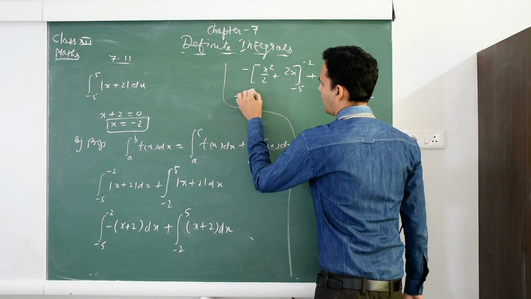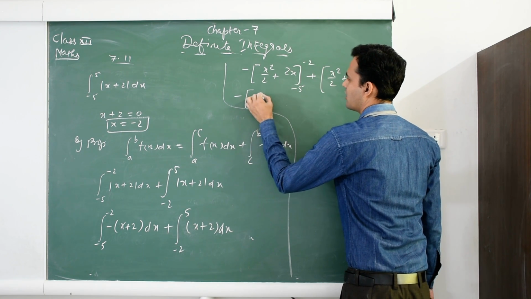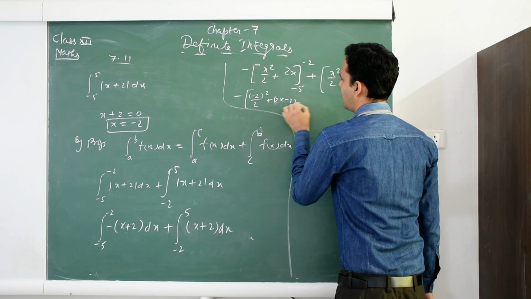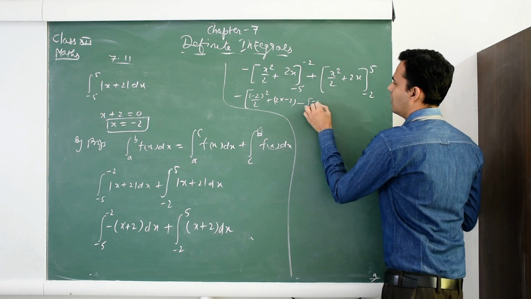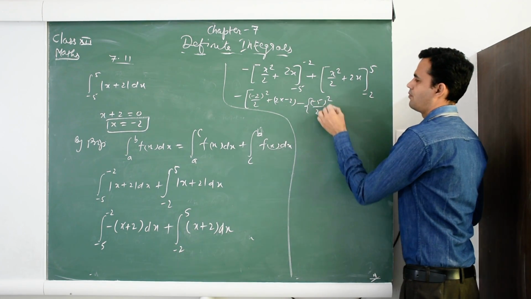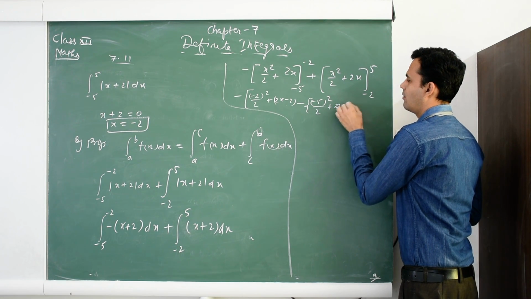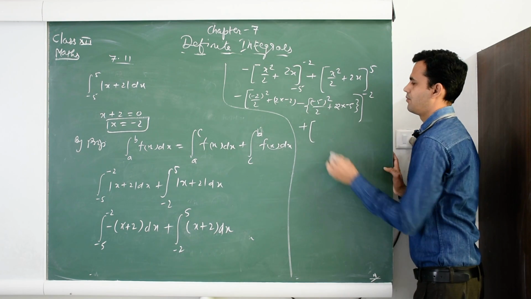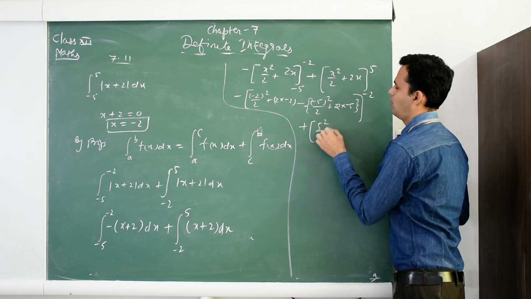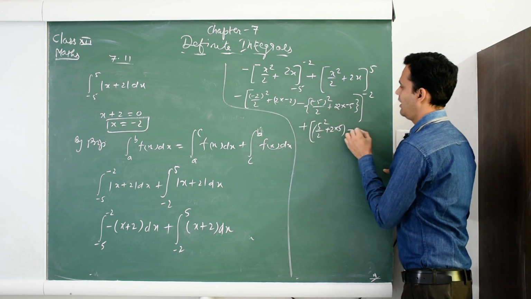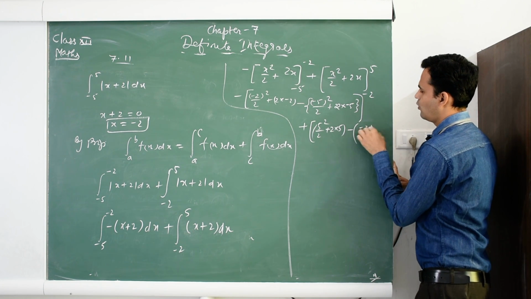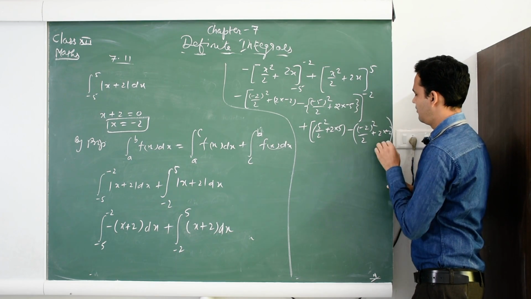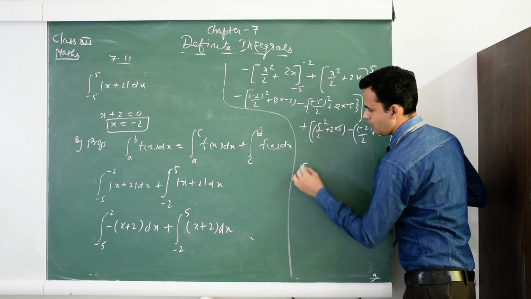So, first we put the upper limit: minus 2 square by 2 plus 2 into minus 2, upper limit minus lower limit: minus 5 square by 2 plus 2 into minus 5, plus for this limit, 5 square by 2 plus 2 into 5 minus 2 square by 2 plus 2 into minus 2. So what we get?